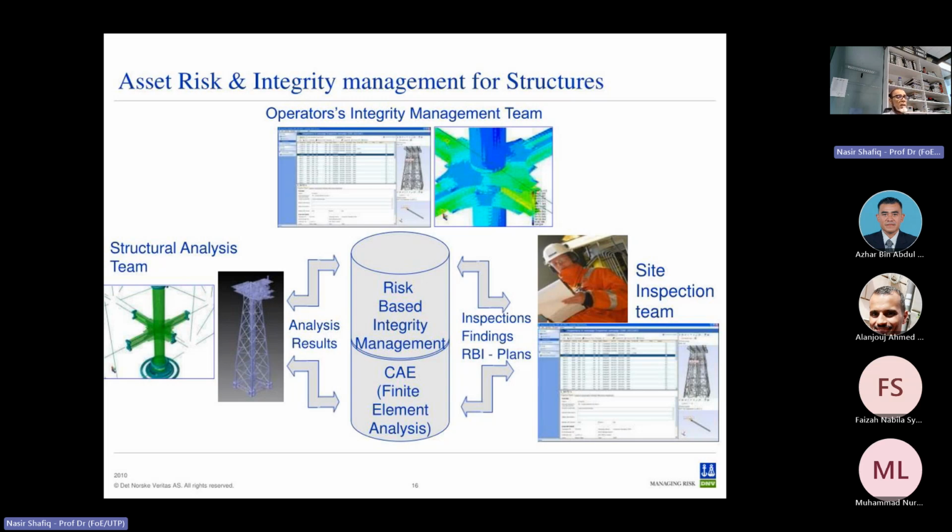Some we use computer aided engineering, like finite element tools, as we have done, and inspection findings, which is risk based inspection.